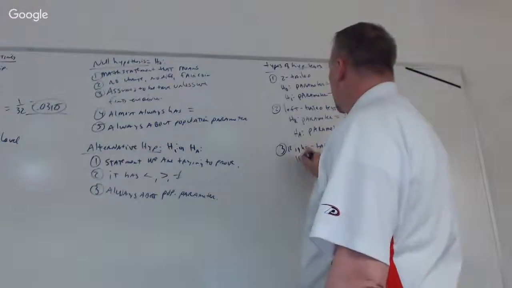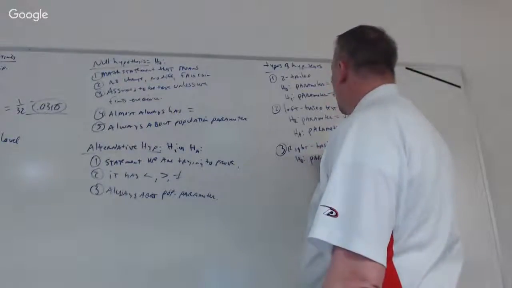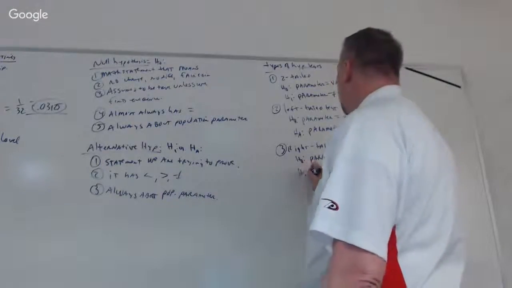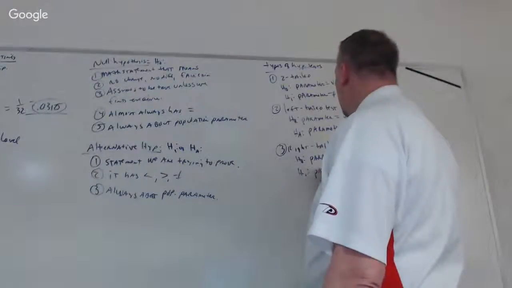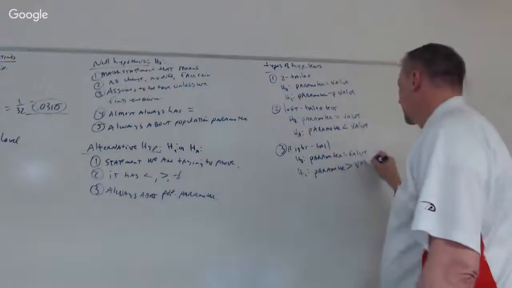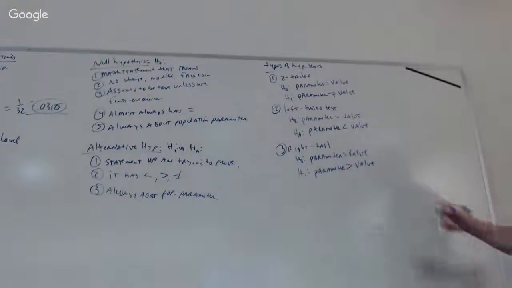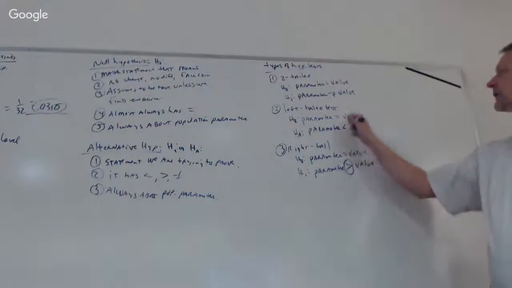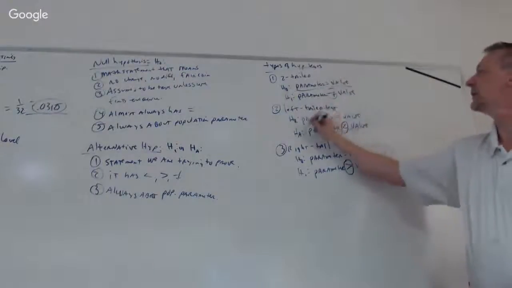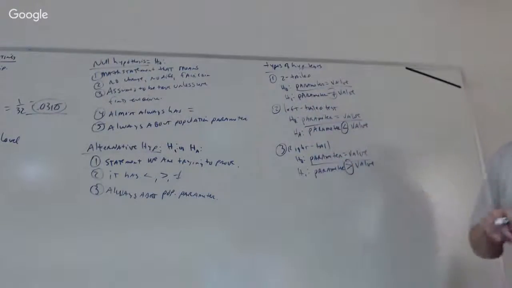Okay? The null is still the parameter equals some value. Your alternative is going to be the parameter is greater than some value. Okay? So the main difference is you're looking at this symbol here on the alternative hypothesis. You'll see that the parameter is the same on all the null hypotheses in every case. Okay? So it's only the alternative hypothesis that's going to change. Does that make sense?